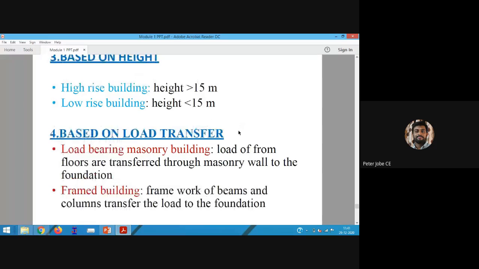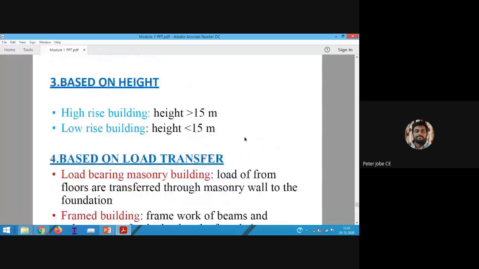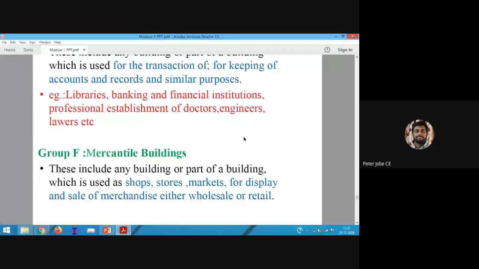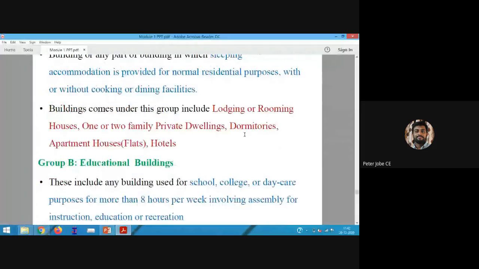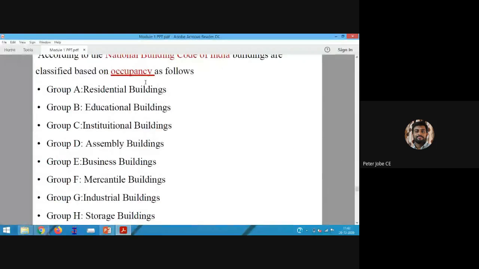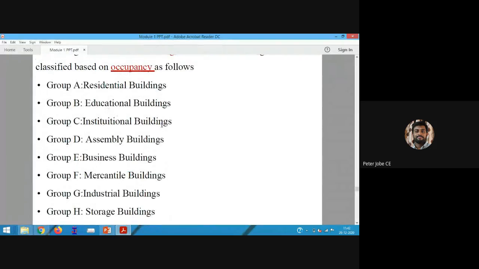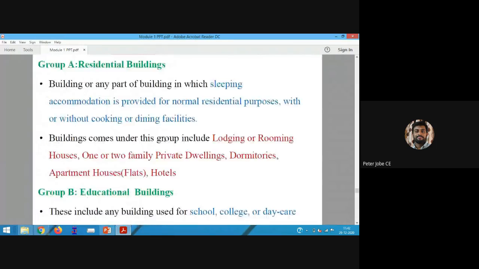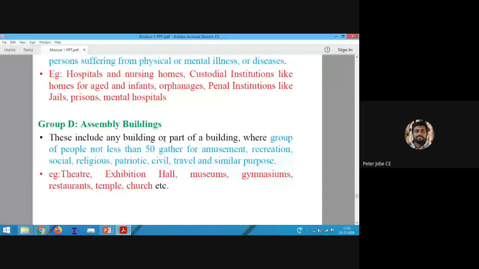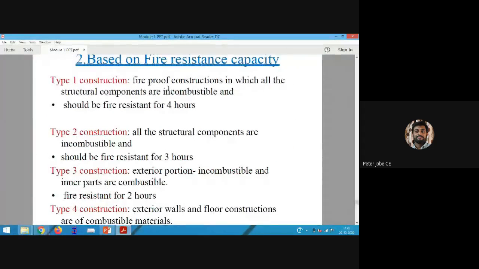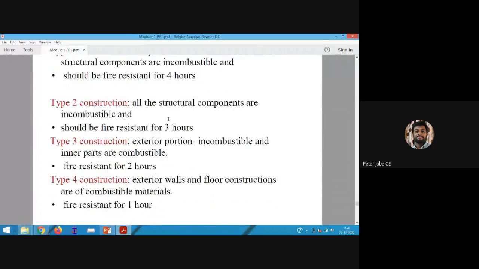So what we have discussed is the classification of buildings based on the National Building Code. The first classification was based on occupancy, and we had 10 different groups based on the occupancy classification. Next we discussed the classification based on fire resistance capacity, and it had 4 types of construction practices.